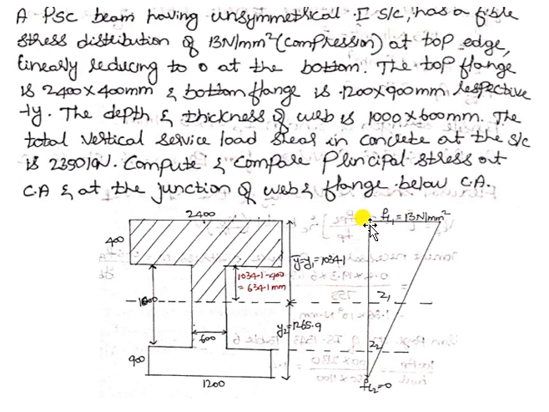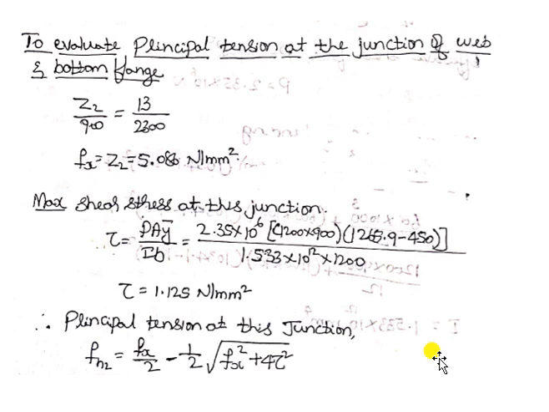By considering two similar triangles, this large triangle and this triangle, the base of the triangle is 13 and the height is 2300, and here the base of the triangle is Z2 and the height is 900 millimeter. So by similar triangles, Z2 by 900 is equal to 13 by 2300. Therefore, Fx or Z2 is equal to 5.086 Newton per mm square.